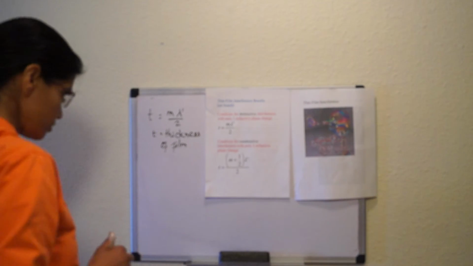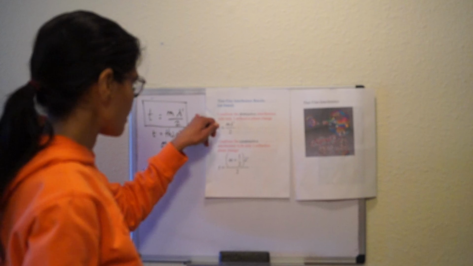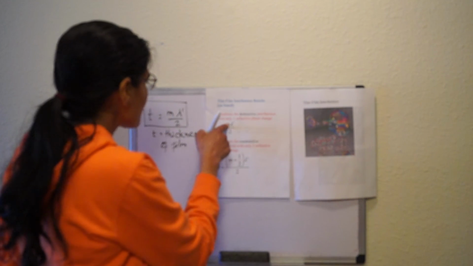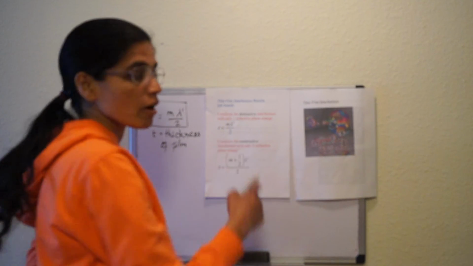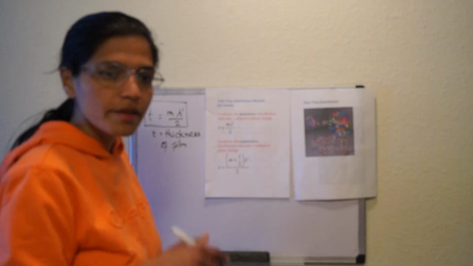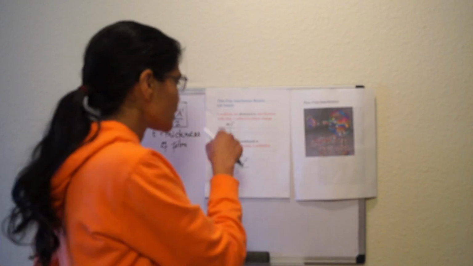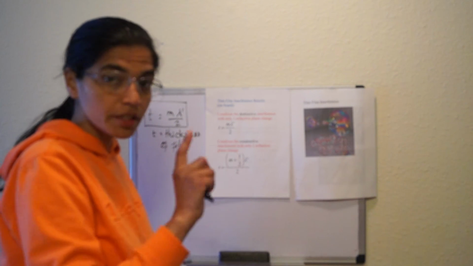And M is 1, 2, 3, like before, an integer, and lambda dash is the wavelength of the light in the material, not in the vacuum.